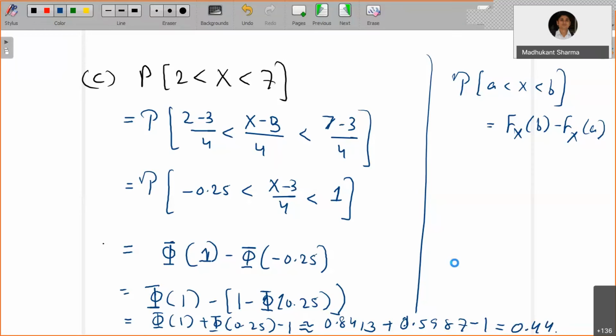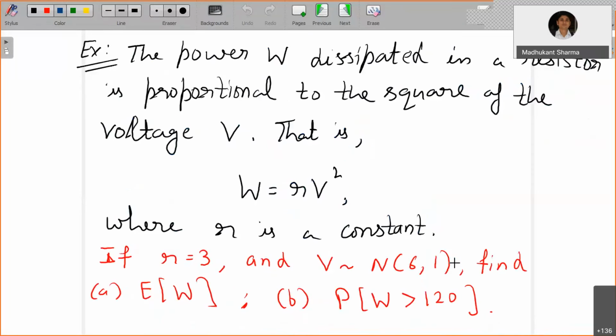Here is the one, which we can read. The power W dissipated in a resistor is proportional to the square of the voltage V. So the relation is W equals R times V squared, where R is a constant.